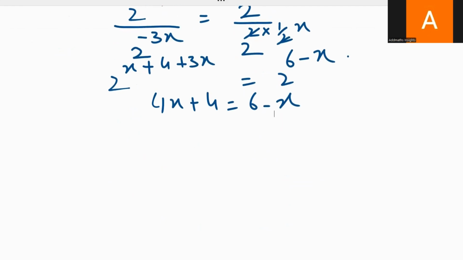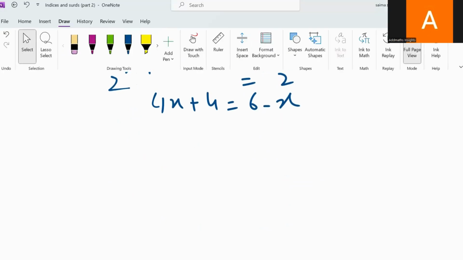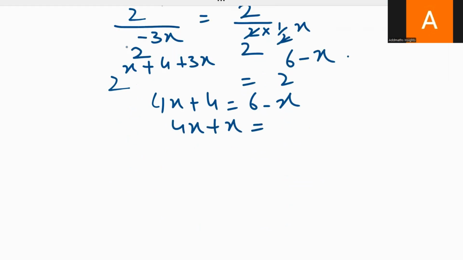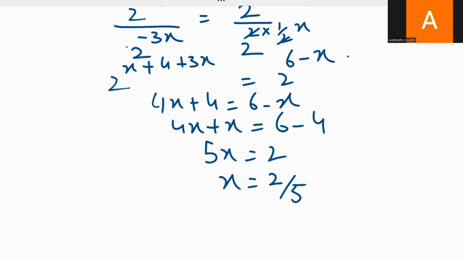And then find the value of x. Right, 4x plus x is equal to 6 minus 4. So 5x is equal to 2. And so x is equal to 2 by 5.